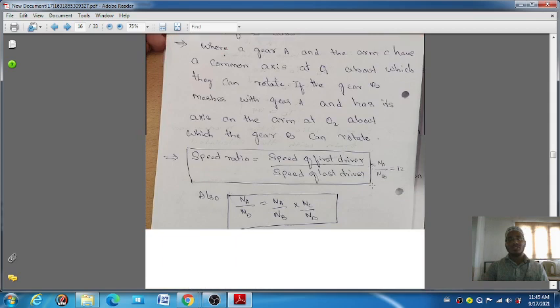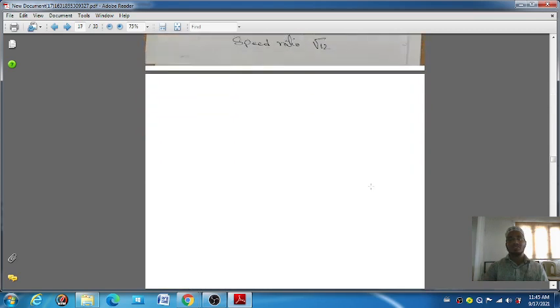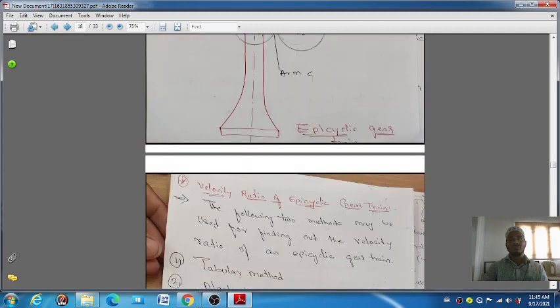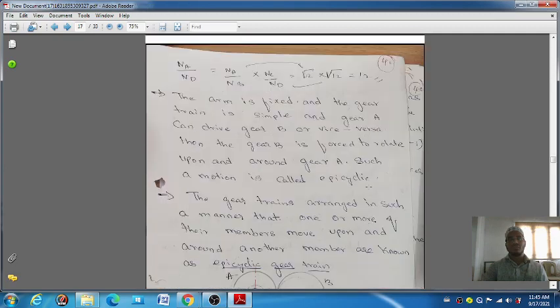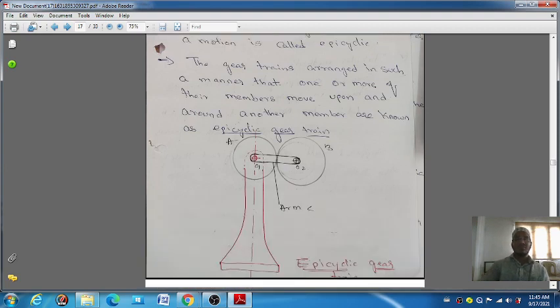So the next is, in that, here we are seeing the diagram. This is the body of the machine, and on the axis of the body of the machine, gear A is connected.